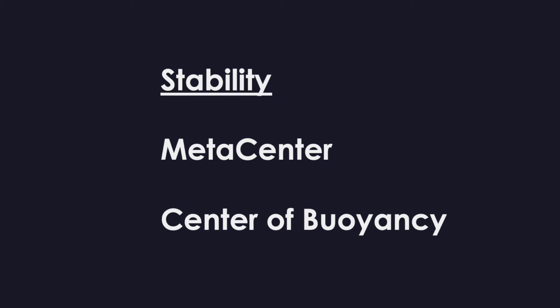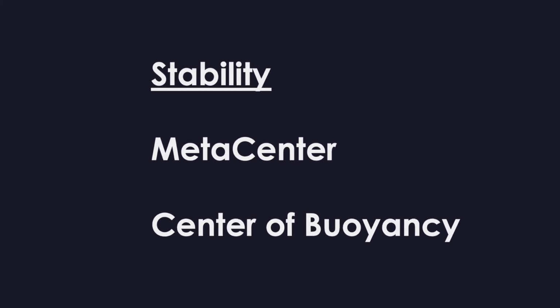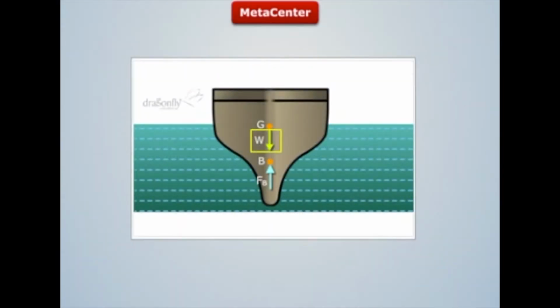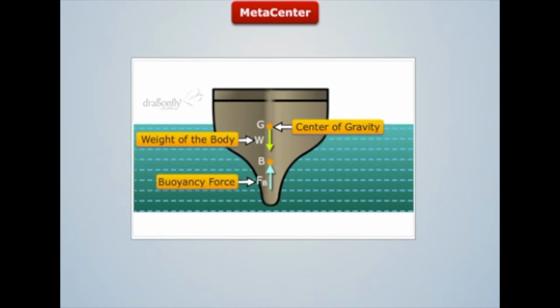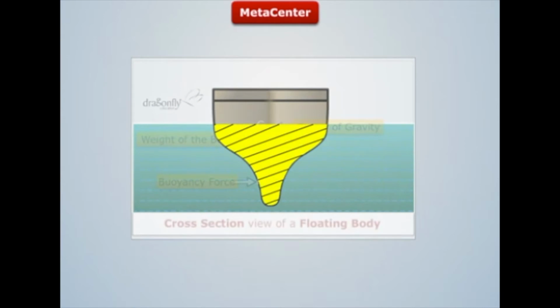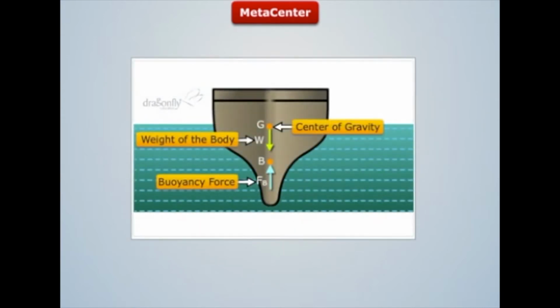Stability. Metacenter and center of buoyancy. A vertical downward force of gravity, which is equivalent to the weight of the body, W, acts at the center of gravity, G, and an upward vertical buoyancy force, FB, which is equal to the weight of the water displaced by the immersed body, passes through the centroid of the displaced volume of water, that is, the center of buoyancy.